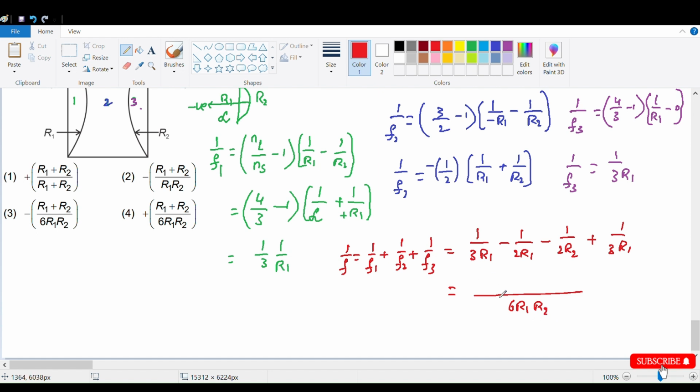Here 3 R2 minus 3 R1 plus 2 R2. So overall it is minus R2 minus R1 by 6 R1 R2. Two options there, here minus there, so the third option is the correct answer.